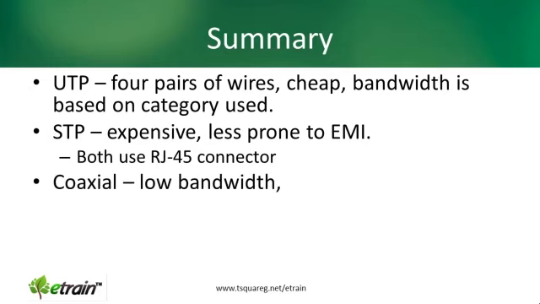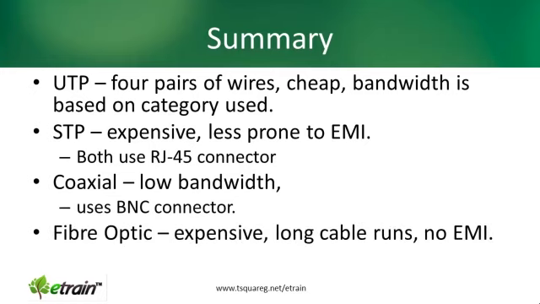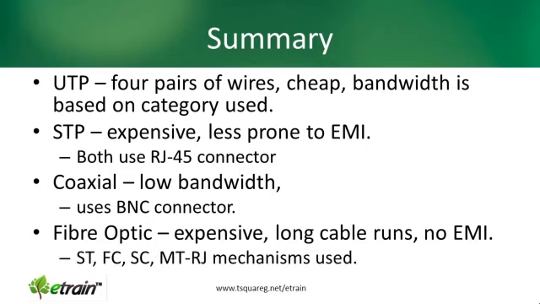Coaxial, very low bandwidth, and uses a BNC connector, that British Naval Connector. And of course, you've got fiber optic, which is expensive, long cable runs, but absolutely no EMI. You've got various connectors that you can use on it: ST, FC, SC, and MTRJ.